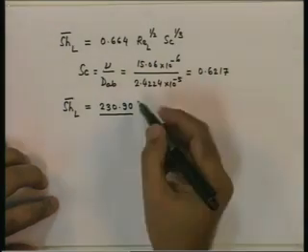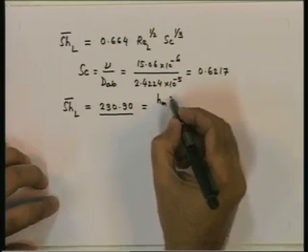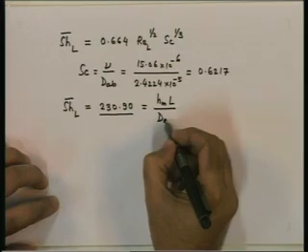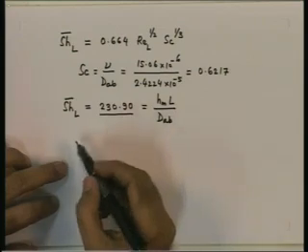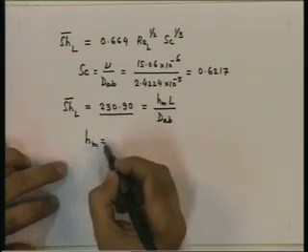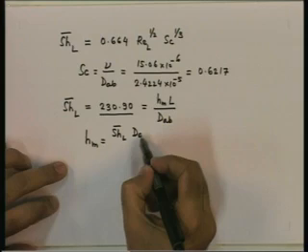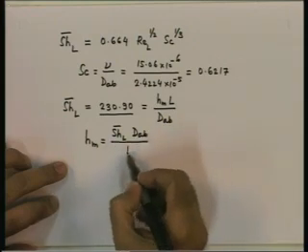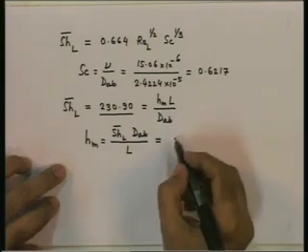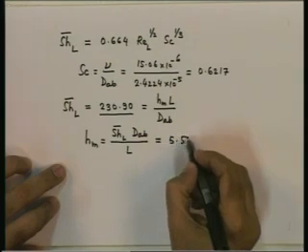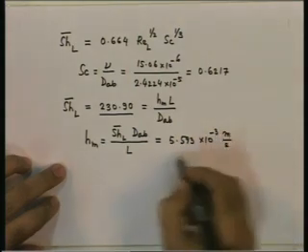And we know that the Sherwood number is nothing but HM into L divided by DAB, from which we get HM to be Sherwood number into DAB divided by L. Substituting the values, we will get this to be 5.593 into 10 to the minus 3 meters per second.